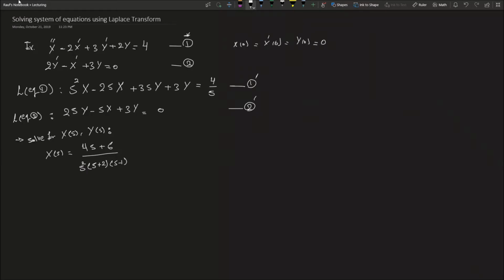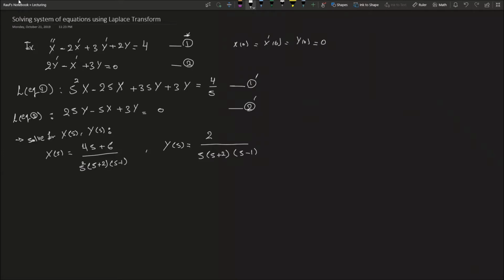You can call it equation 1 prime or don't need to call it at all. In the same manner, if you do simple mathematical manipulation, Y of s would be 2 over s multiplied by s plus 2 multiplied by s minus 1.